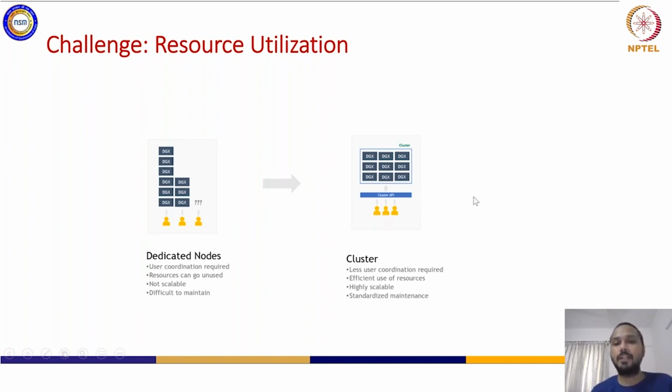While in a cluster environment where you have this particular software stack installed, which I'm going to talk about shortly, lesser user coordination is required. You can use the resources much more efficiently. A particular user can ask, I need only this many cores, only this much memory, and only one GPU, so only give me this much.